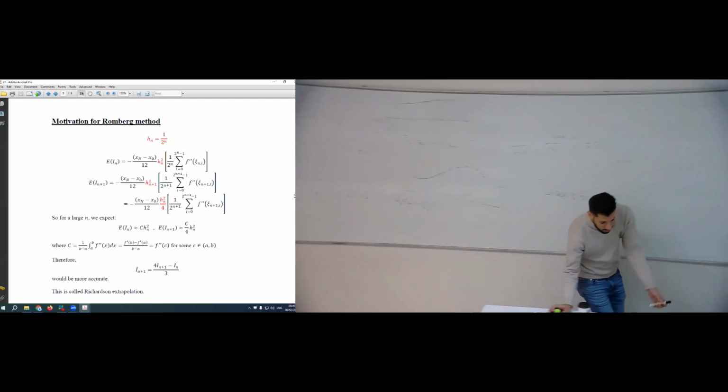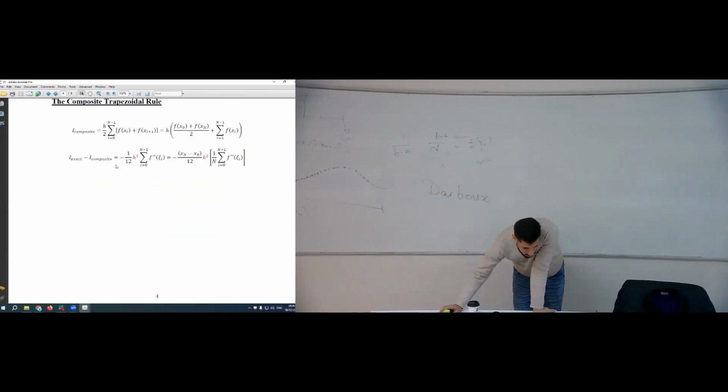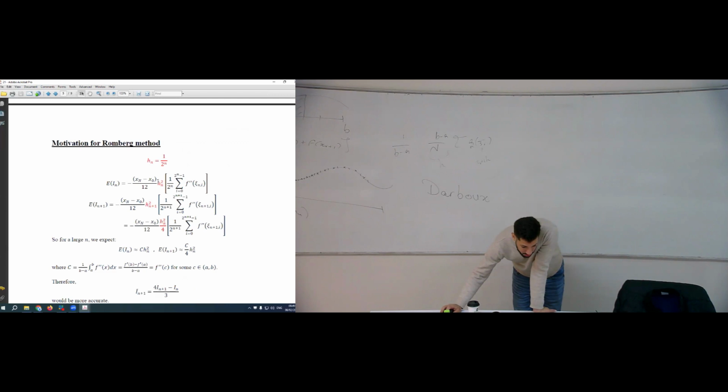So again, the error when I use n points is this. Okay? And the error when I use 2 to the n points is this. And if I use 2 to the n plus 1 points, it is this. And what's the difference between e of I_n plus 1 and e of I_n?